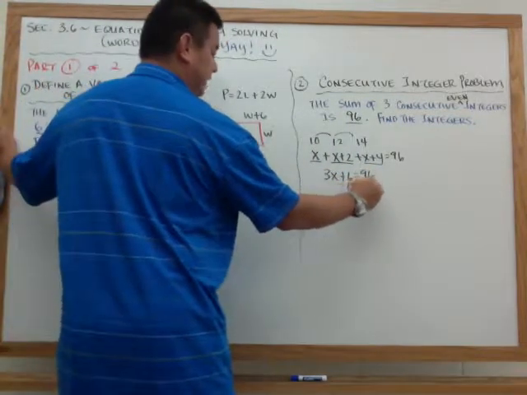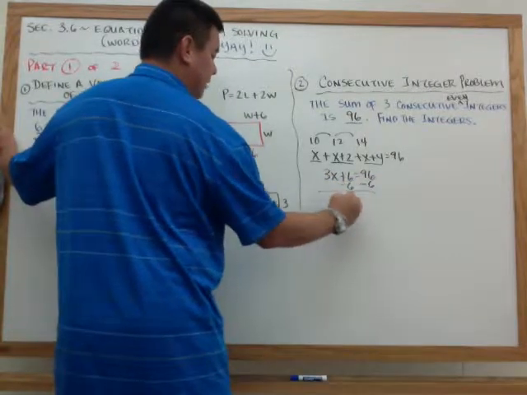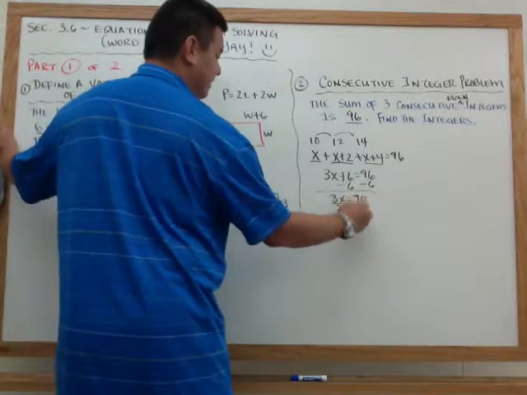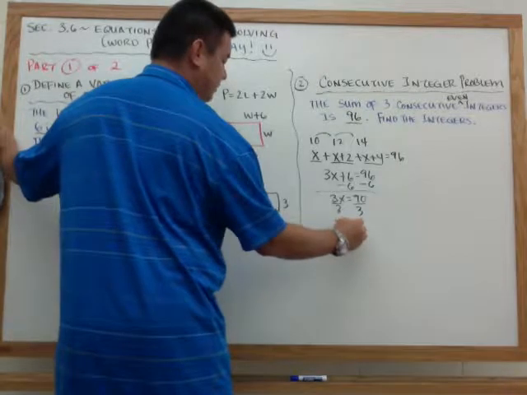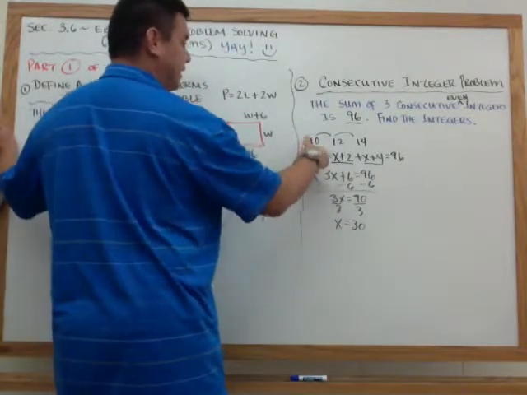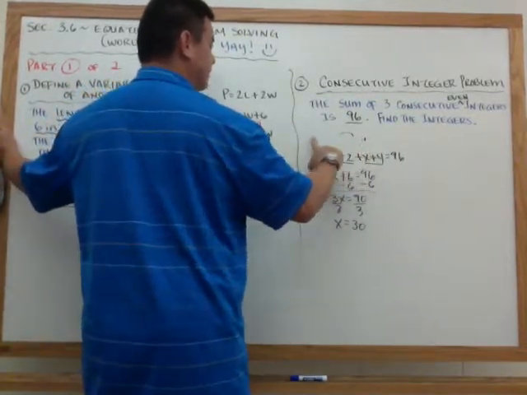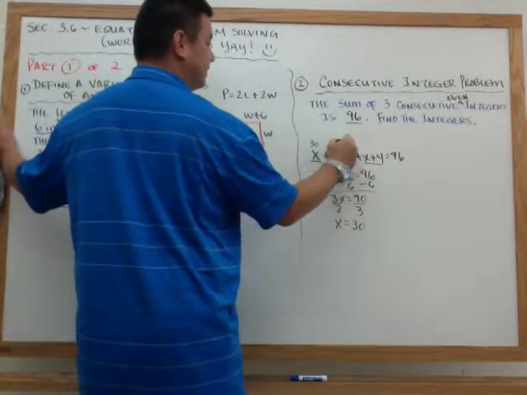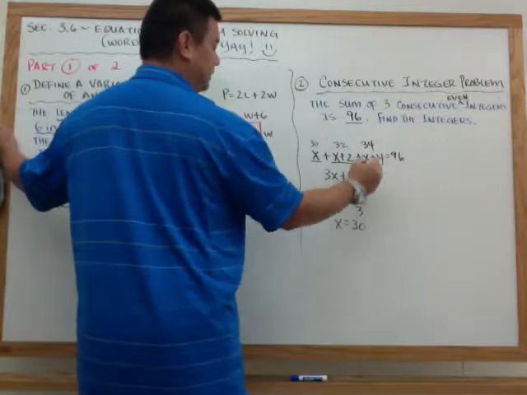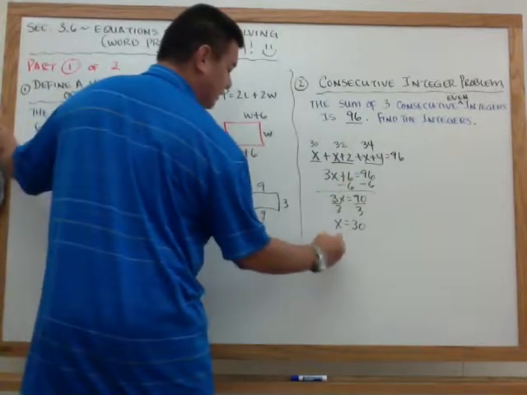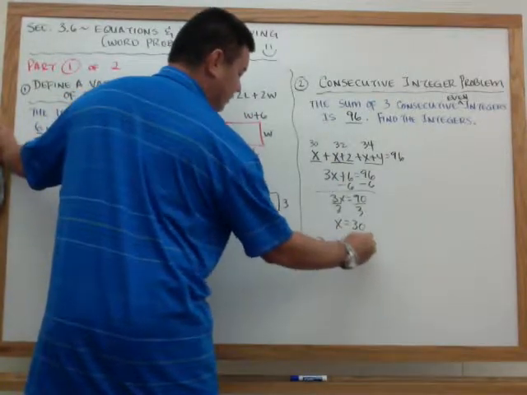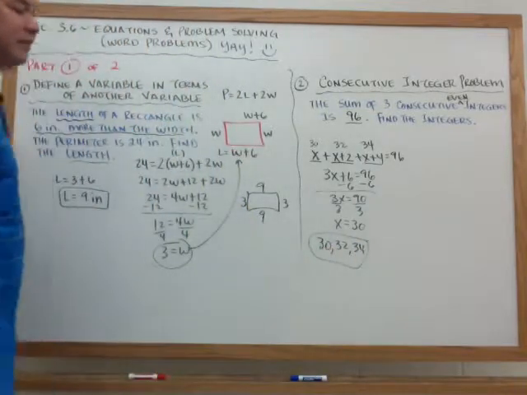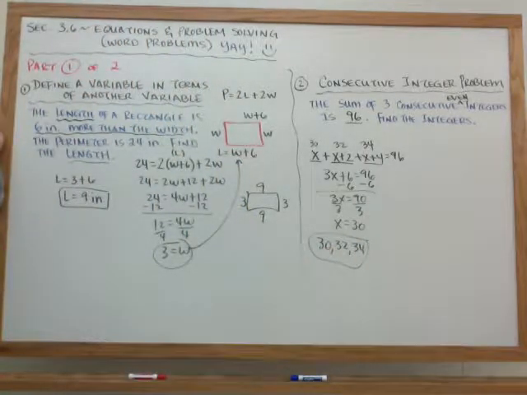Minus 6 from both sides. Divide by 3. x is equal to 30. So if the x was 30, the x plus 2 is 32, and the x plus 4 is 34. So your answer is 30, 32, 34. Add them all together, and you should get 96, and you do.